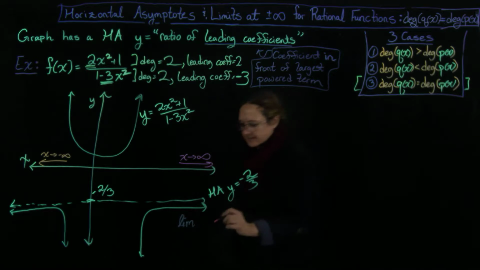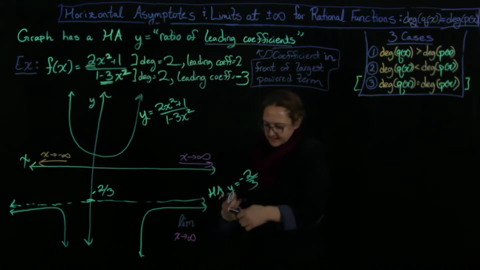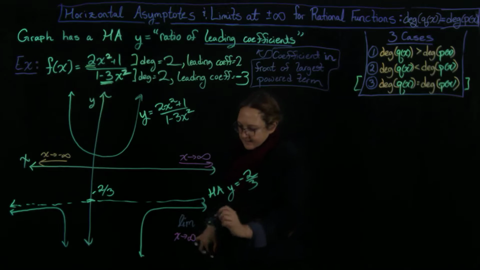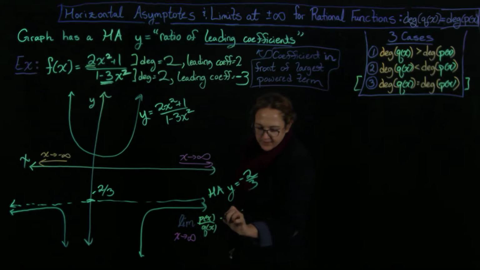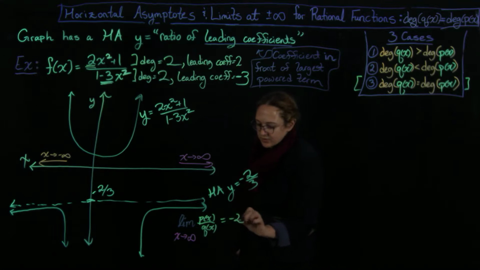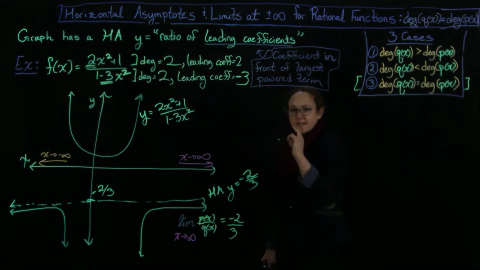As x approaches infinity, as I go infinitely far right, the limit of p of x over q of x, my rational function, is minus 2/3, which was the ratio of the leading coefficients. That's why I got that as a horizontal asymptote.